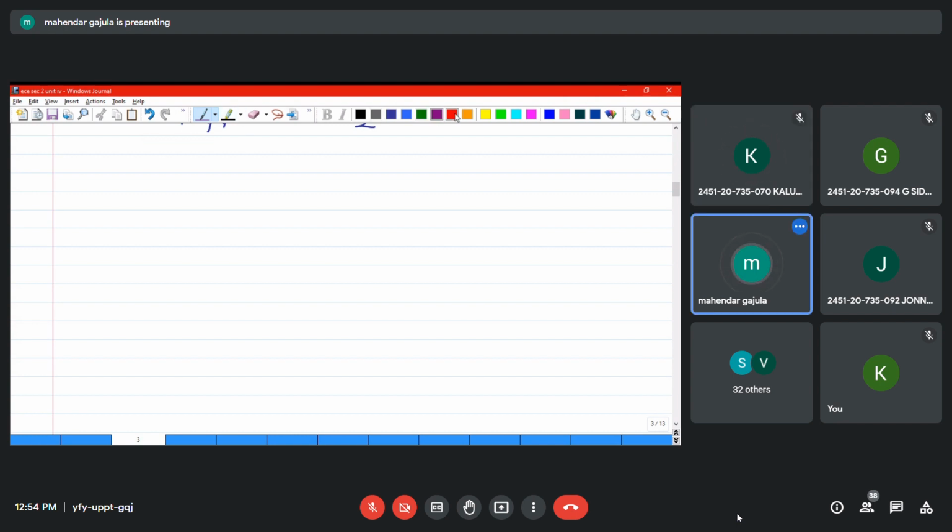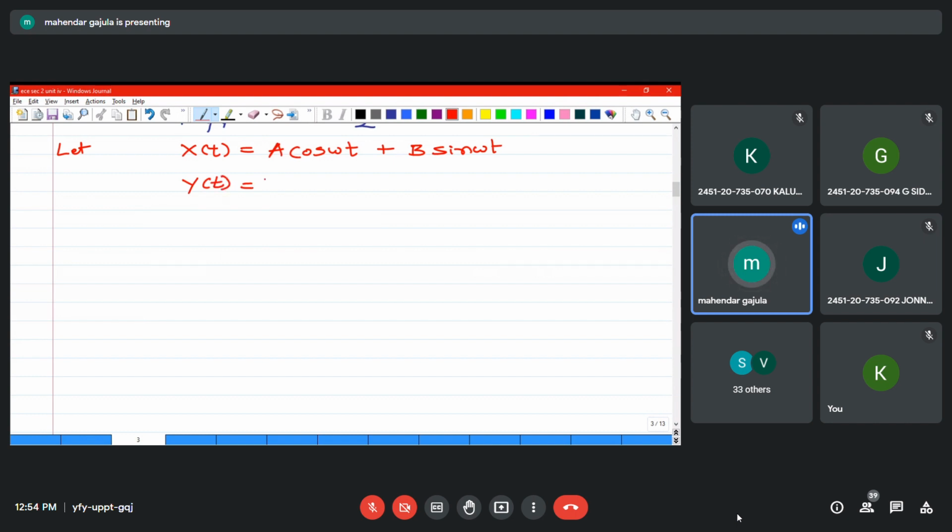Very good. So now let us solve one problem on that. Let xt is equal to a cos omega t plus b sin omega t.